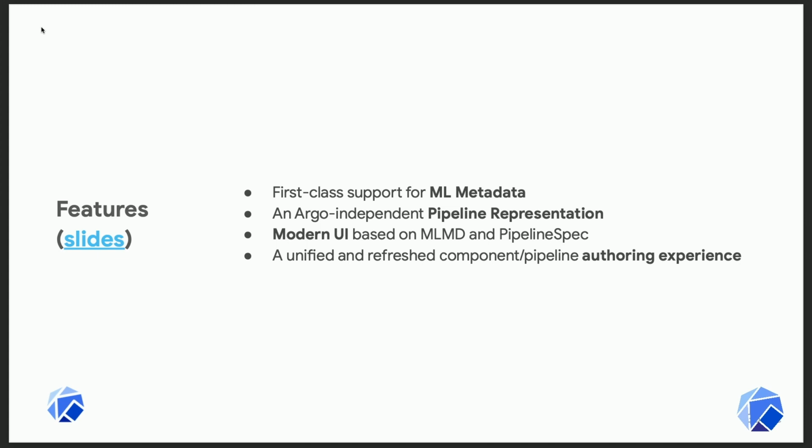The next one is the modern UI based on MLMD and pipeline spec. So in KFP v1, we highlight the pipeline task. Each component has its own corresponding task, and we draw a graph, we call it DAG, to present the ordering of those pipeline steps. But in KFP v2, we want to highlight the concept of artifact.